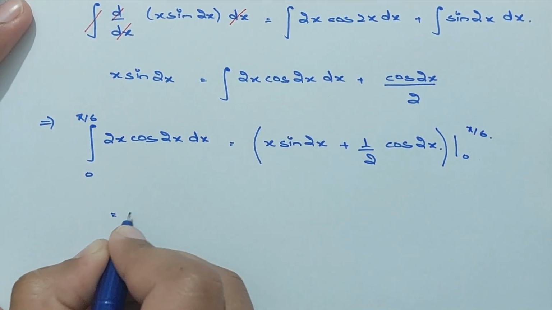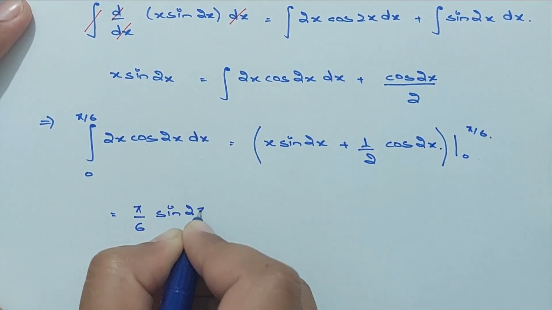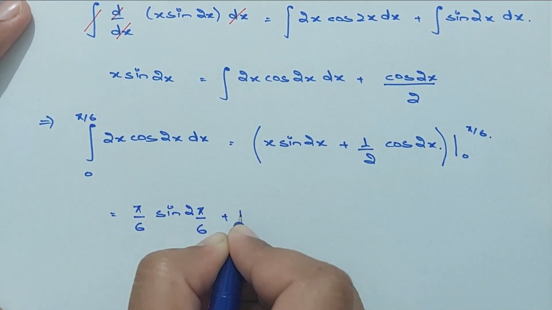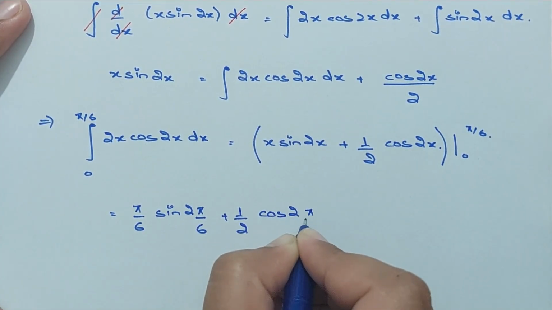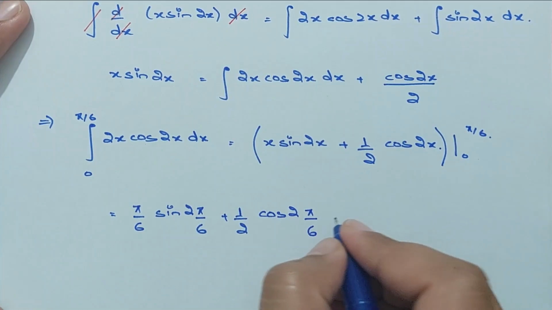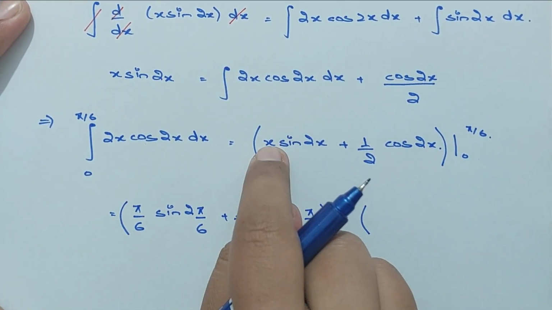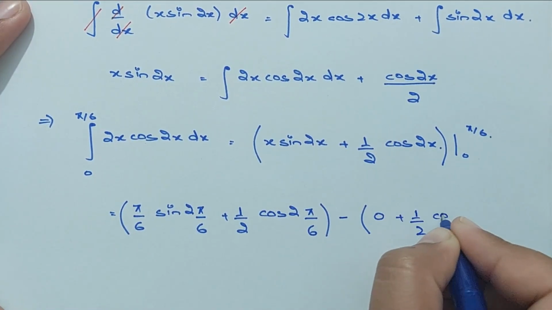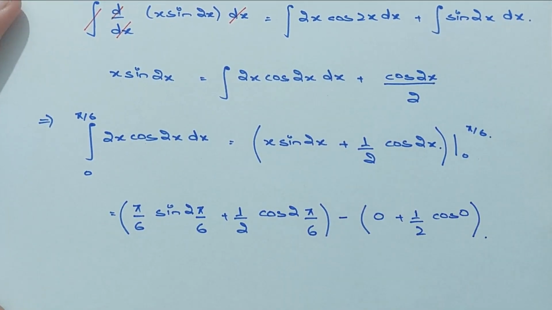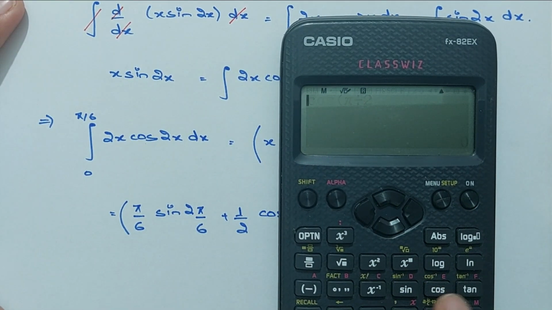So the upper limit is pi by 6 times sine 2 times pi by 6, plus 1 by 2 cos 2 times pi by 6, and minus the lower limit, which is 0. The lower limit is 0, so x is 0, so this term is 0, plus 1 by 2 cos of 0. So 2 times pi by 6 is pi by 3 basically.